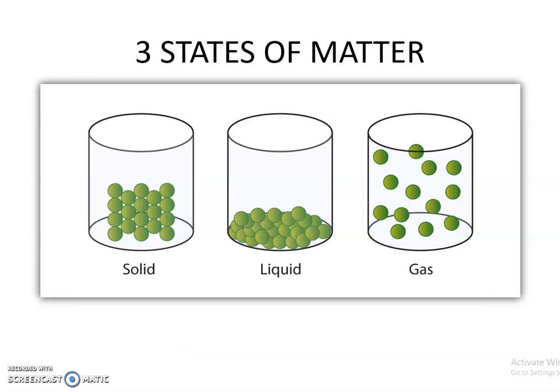And we know that there are three states of matter: solids, liquids, and gases. Solids have the atoms tightly arranged with a perfect shape and volume, and in liquids the atoms are packed loosely but have a particular volume, while in gas the atoms are very loosely bound and they do not have a perfect shape or volume.